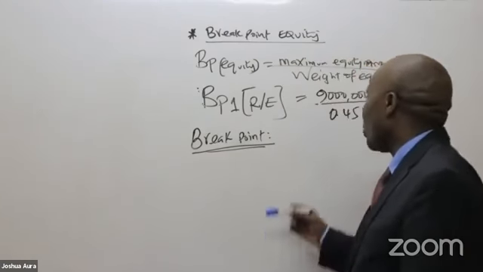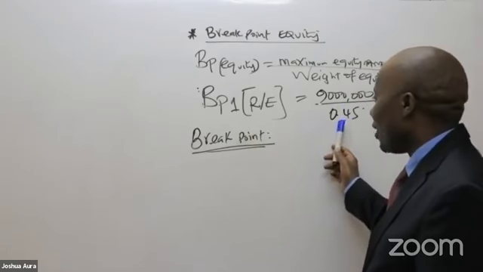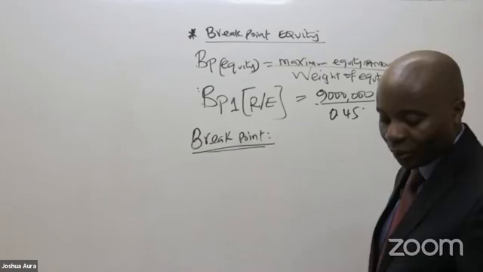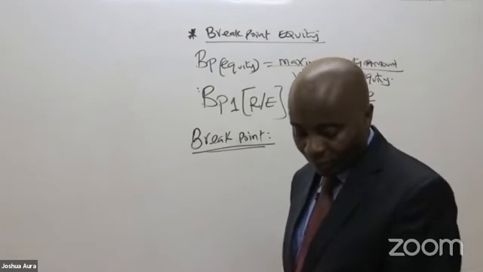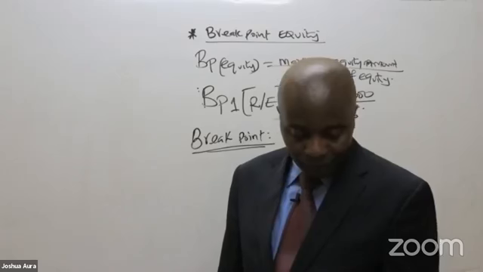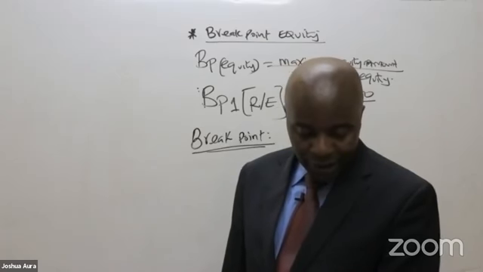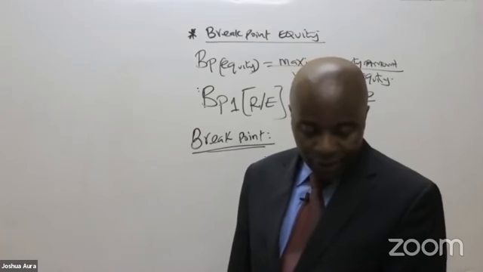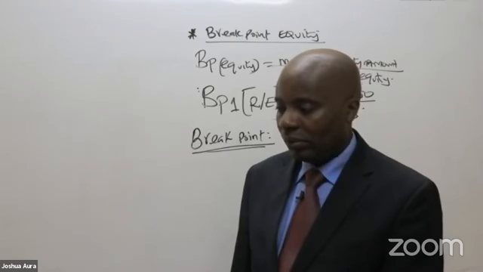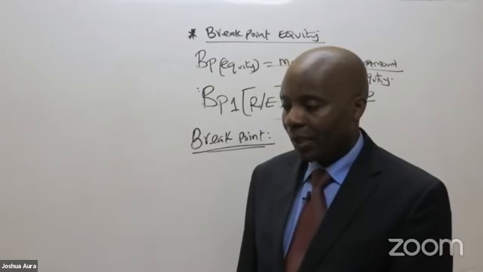In this case, could you kindly give me 9,000 divided by 0.45 will give me what? I am waiting. Thank you very much.